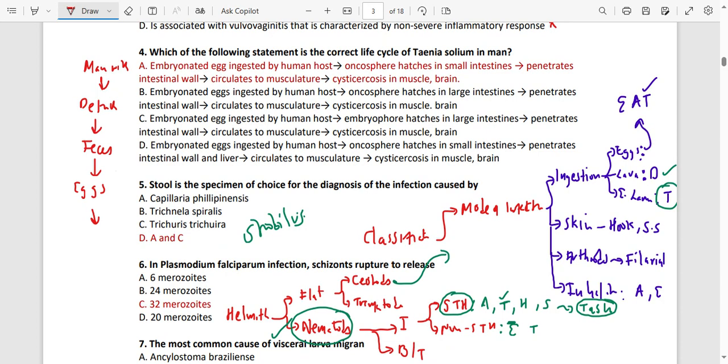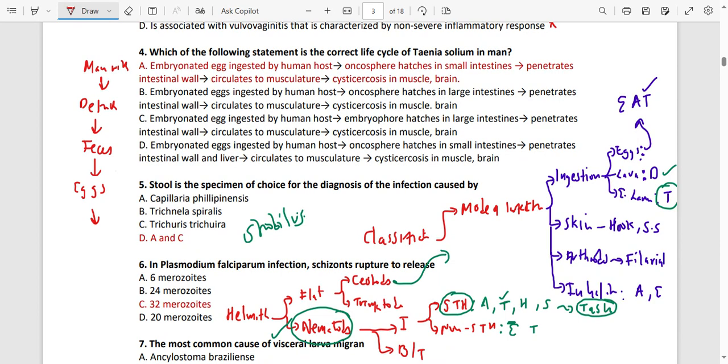Now the eggs, before we shed them in the feces, they can actually also undergo what is known as external autoinfection. What they'll do is that they'll go back and infect the same man. They'll penetrate the large intestine and go back into circulation, infecting the man again.